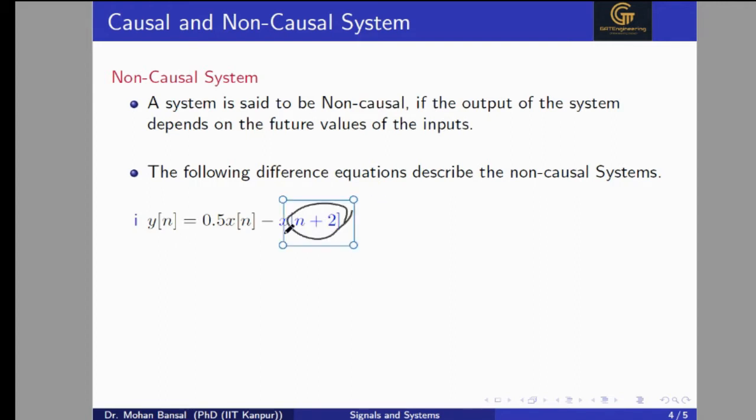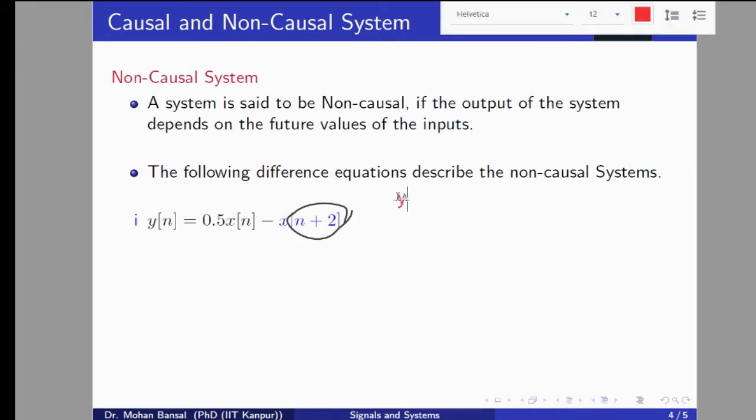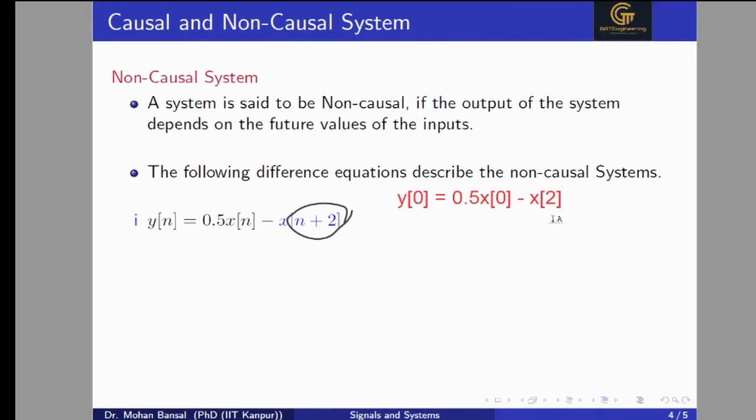If we substitute n = 0, we will get y[0] = 0.5 x[0] - x[2]. So here you can see that the time index is 0 for y and it depends on x[2]. So it means it depends on the second index, the future value. So this system is non-causal.